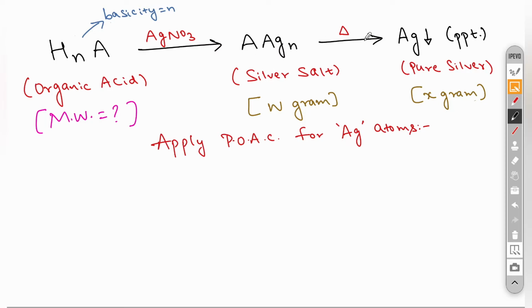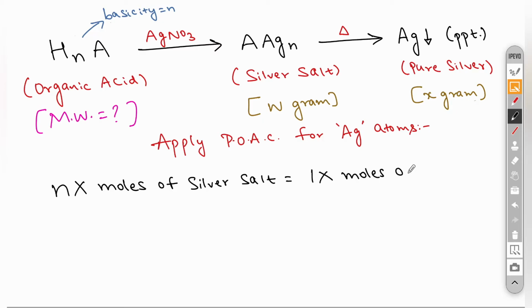Silver is present in the middle and in the end term. So for silver atoms we can write n multiplied by moles of silver salt, because there are n atoms of silver. Here there is only one atom of silver, so 1 multiplied by moles of pure silver. Now we'll put the values.